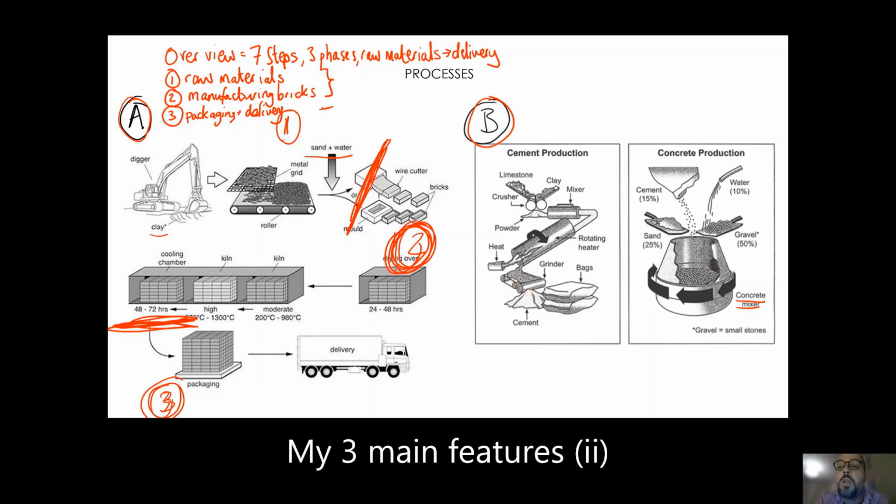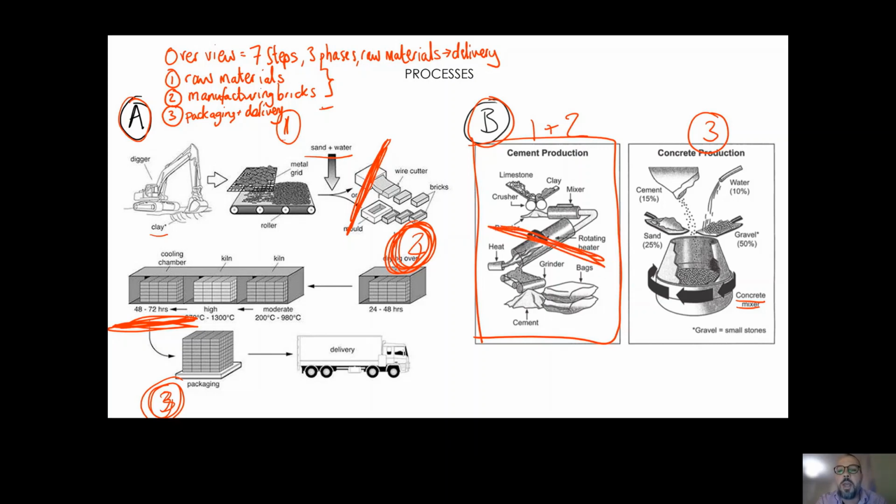So how am I going to divide all of this information into 3 main parts? Well, for me, the obvious way to do it is to make concrete production one feature on its own, and then divide cement production into 2 main features. To divide this part into 2 main features, I'm going to divide it where the chemical change takes place after these limestone and clay are mixed.